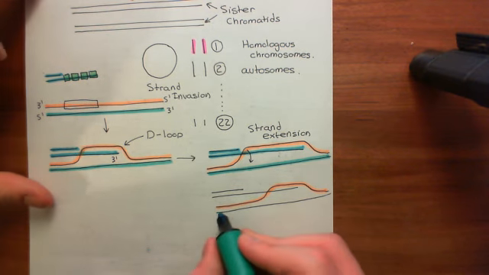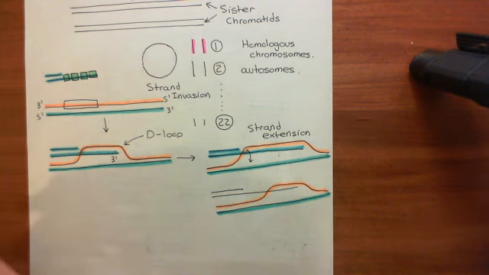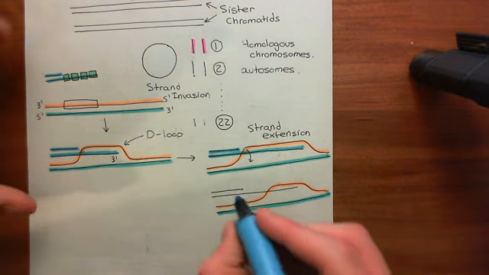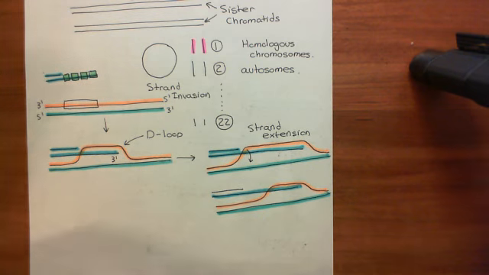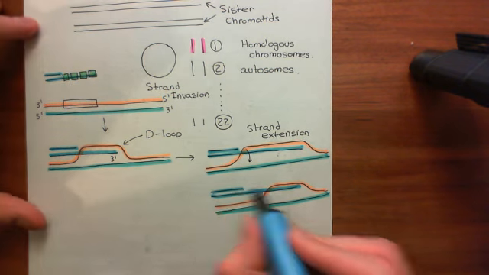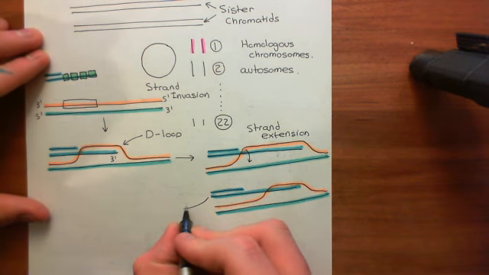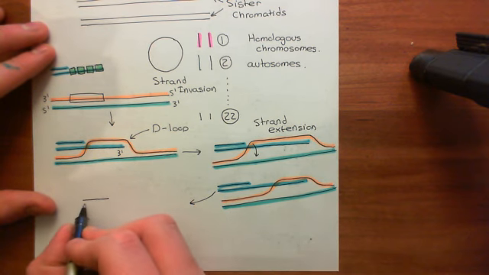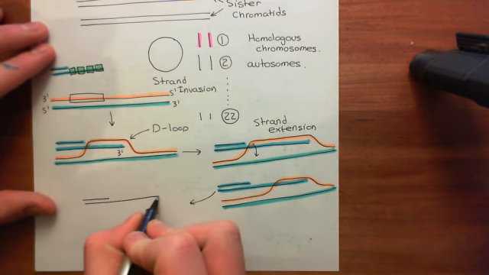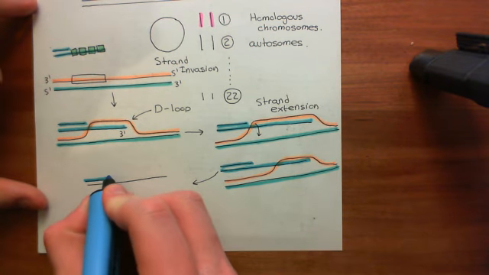So we are now extending our blue strand by using the genetic information within this other chromosome, basically. Then you're going to detach the blue strand away from the other chromosome and bring this longer piece back now. So now we've extended our 3' extension hugely here, and we haven't damaged the other chromosome.